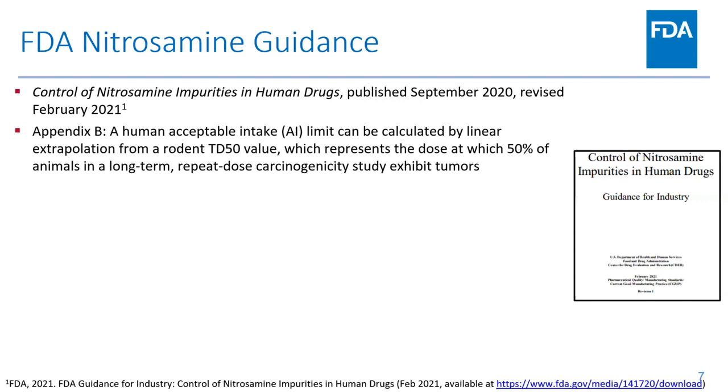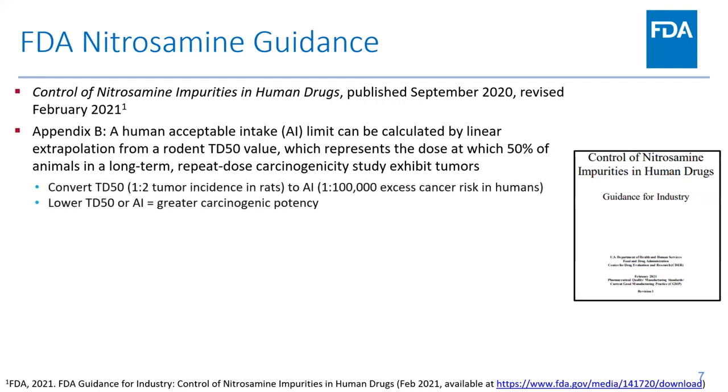That TD50 value represents the dose at which 50% of the animals in that long-term repeat dose carcinogenicity study exhibit tumors. So we can convert that TD50, which represents the 1 in 2 tumor incidence in rats, to an AI, which represents a 1 in 100,000 excess cancer risk in humans. And the lower the TD50 value or the AI, the greater the carcinogenic potency.